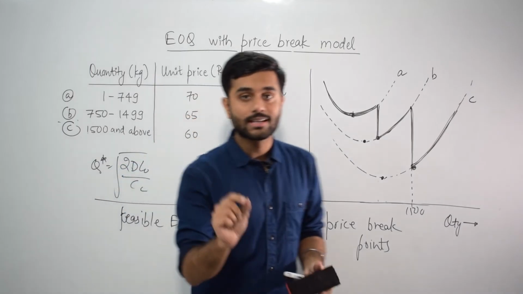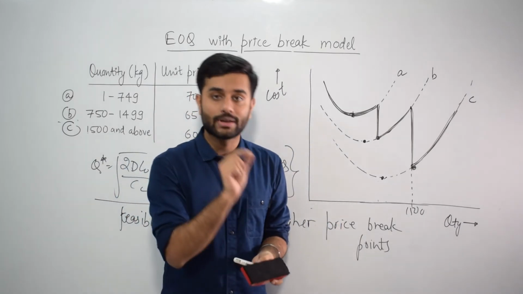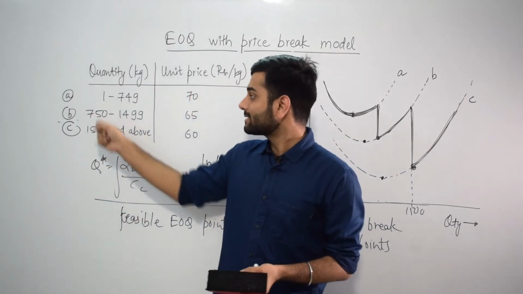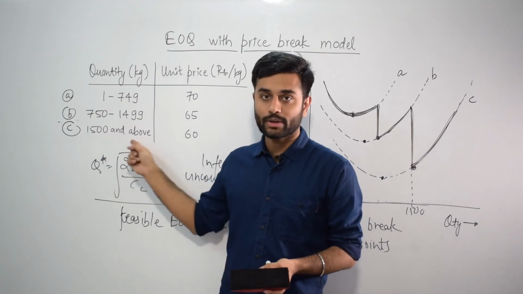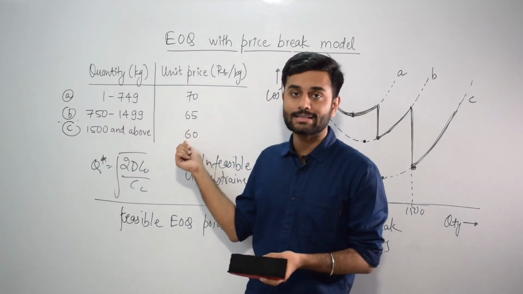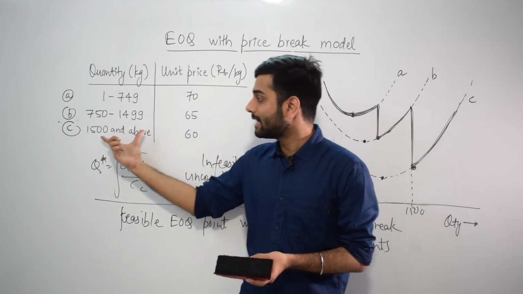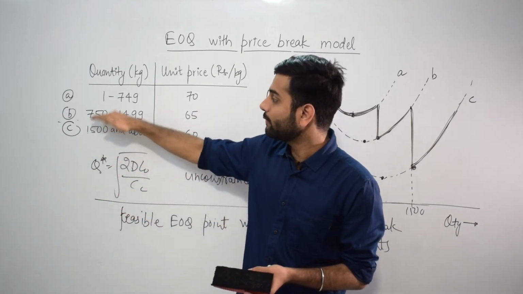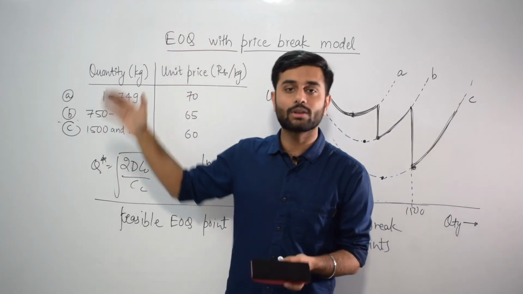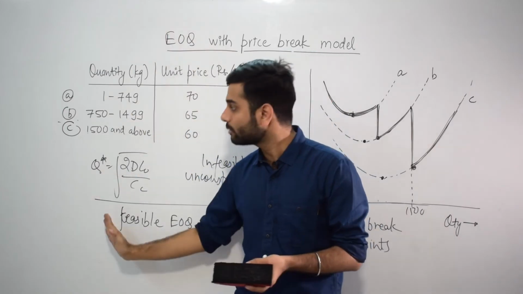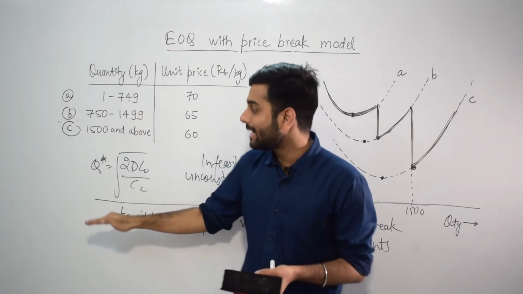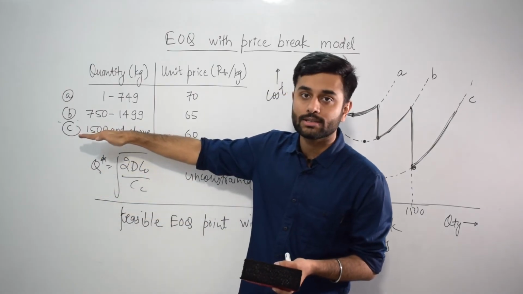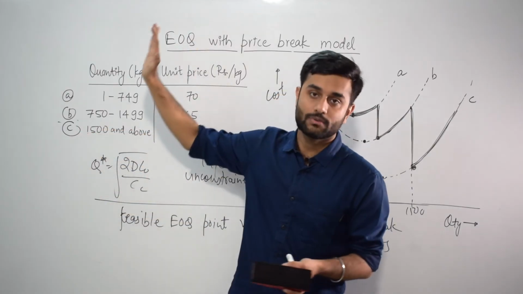And what is the process? The process for solving this question is that you start from the lowest unit price slab and find out whether it has a feasible EOQ or an infeasible EOQ. Repeat this for B, for A, or maybe you have 4 or 5 slabs. Start from the bottom and move up. As soon as you find a feasible EOQ range, forget about the previous ones.